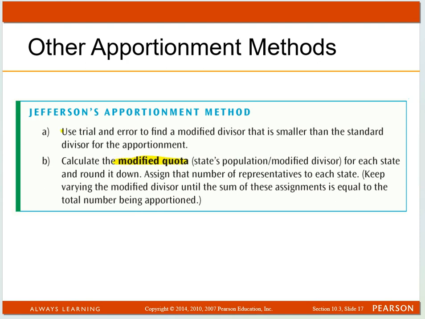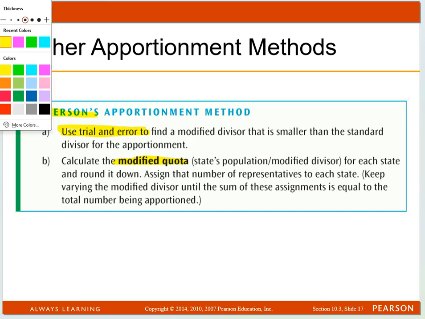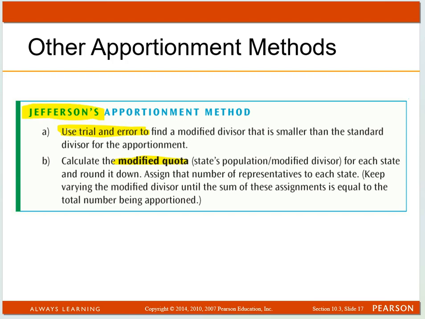They will literally use trial and error to find a modified divisor that is smaller than the standard divisor for the apportionment. Now this is using Jefferson's method, and I need a bigger, wider highlighter. There we go. Jefferson's apportionment method.